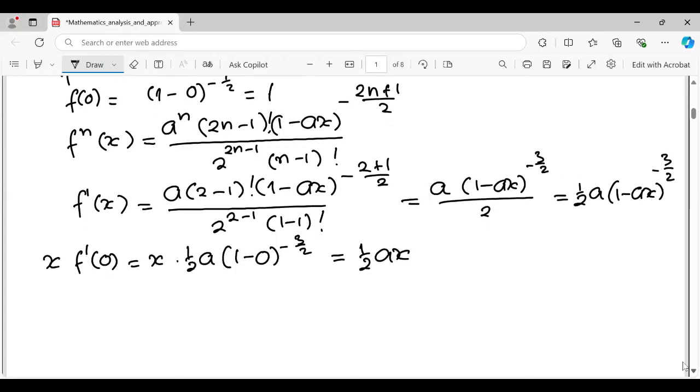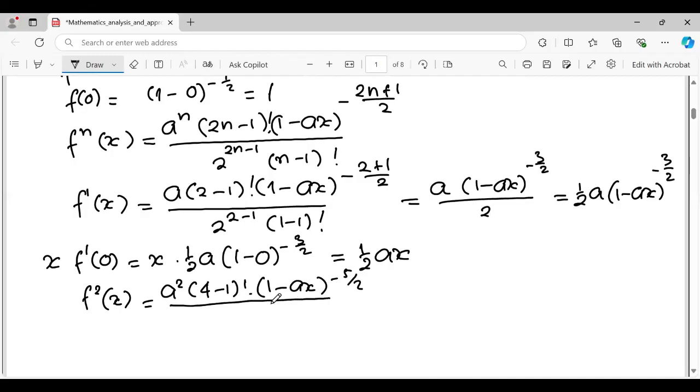And the second derivative, f^(2)(x), is a squared, a power 2, times (4 minus 1) factorial, because 2 times 2 minus 1, factorial, times (1 minus ax) to the power minus 5 half, over 2^(4 minus 1) times (2 minus 1) factorial.